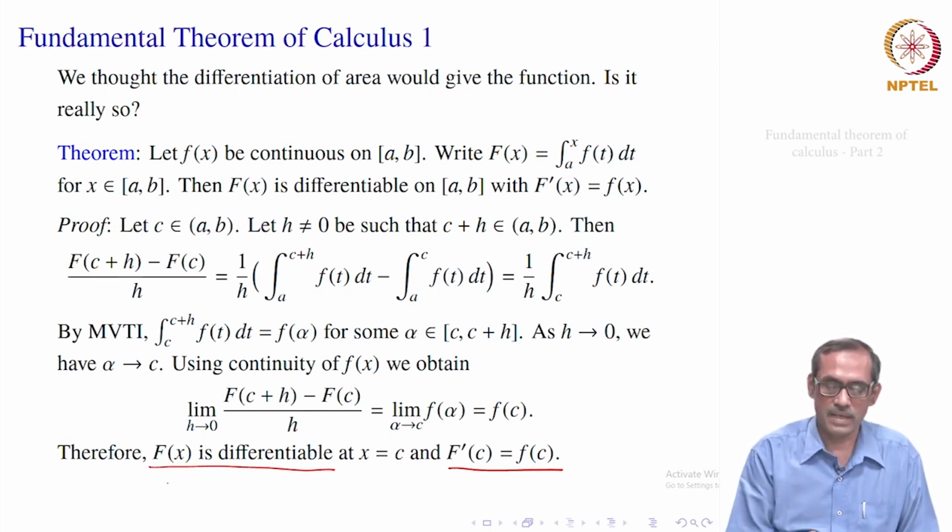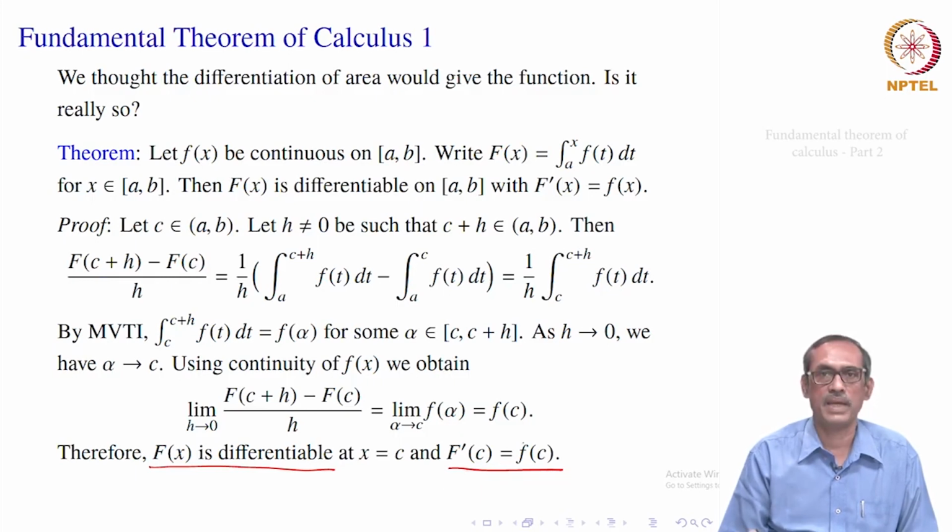So, at a it will be the limit as h goes to 0 from the positive side, it is coming from the positive side. So, h goes to 0 plus of F(c plus h) minus F(c), divided by h, with c being a now. So, this similar process will continue and we will find that this is equal to F prime at a, equal to f of a, where F prime at a is the one sided derivative here.